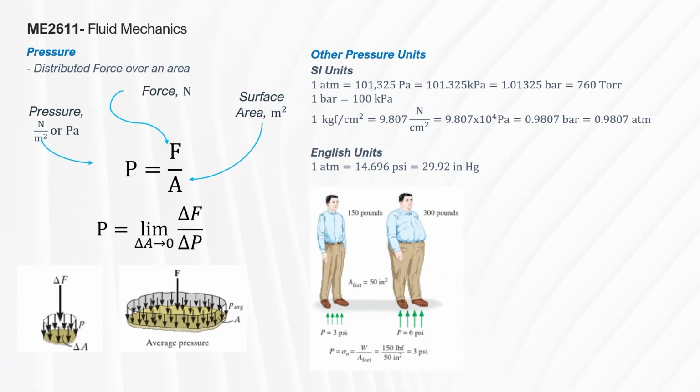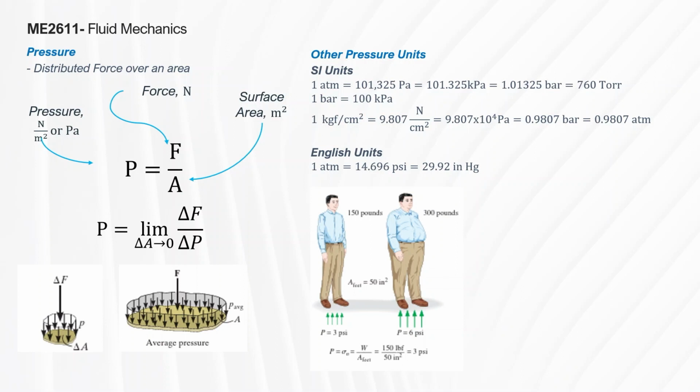We have an example here, like I said earlier. The first guy is 150 pounds, standing on an area of his feet of approximately 50 square inches. So the exerted pressure against the ground will be around 3 psi.